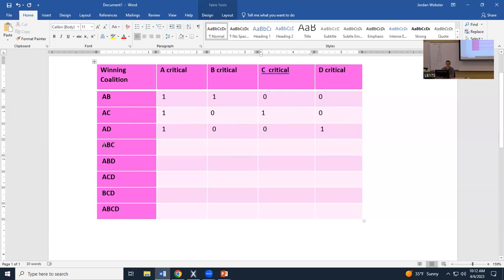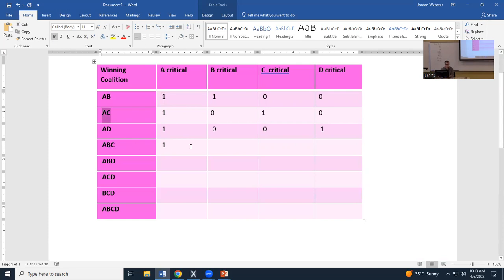A, B, C. This one's interesting. If I drop A out, that winning coalition now loses because BC is not in the previous winning coalitions. You see that? So A is important. However, if you drop B out, AC still is a winning coalition. It exists up here, right?